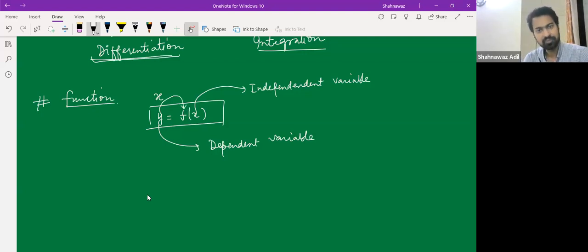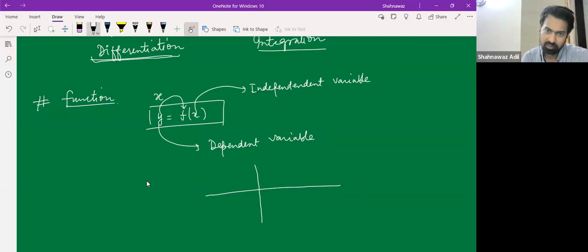Right, guys? Yeah, so let's say I have a straight line, right? So what is the function that we represent with this straight line? How do we represent a straight line? What is the function that represents the straight line?